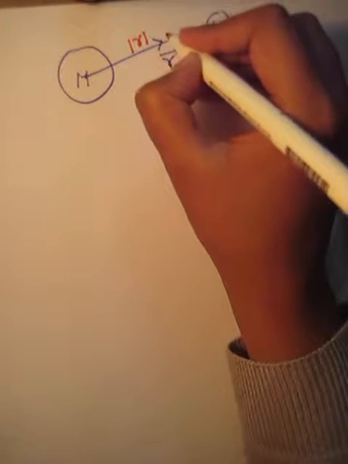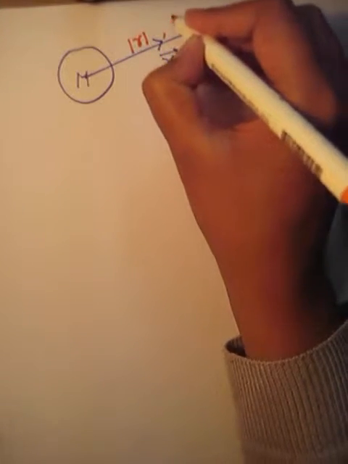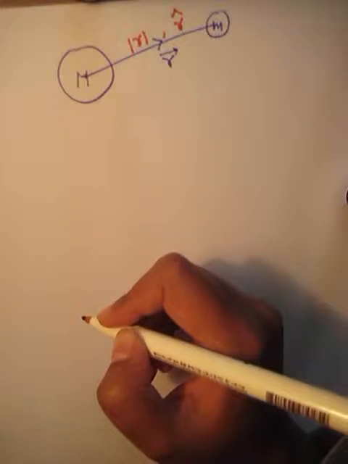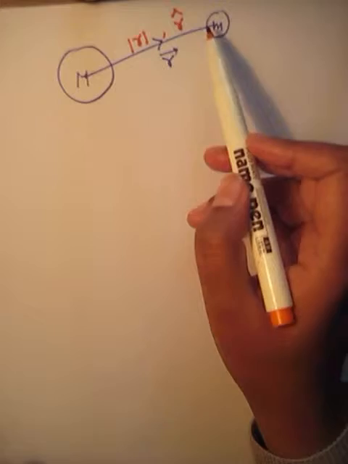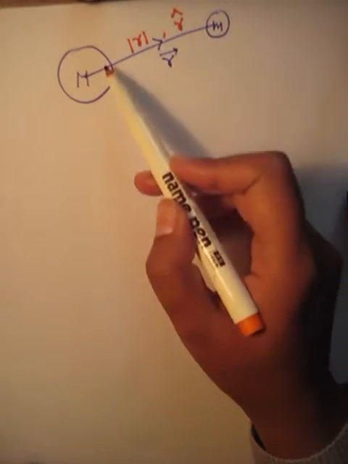So let us say that it has a direction of r unit vector. The r unit vector is the direction of the vector joining capital M and small m.